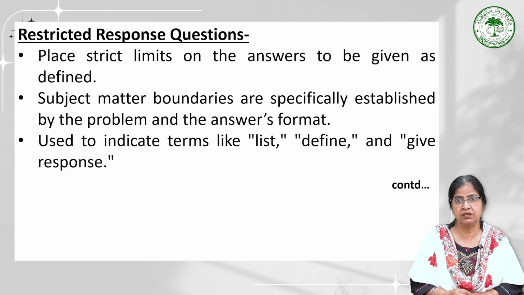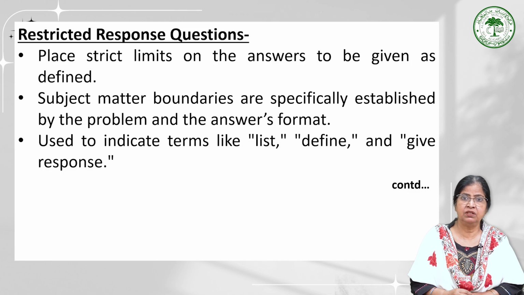Give the answer to this question, or give the reason for this phenomenon in 200 words, or list the items needed in that particular experiment. Give the reason for this particular happening.